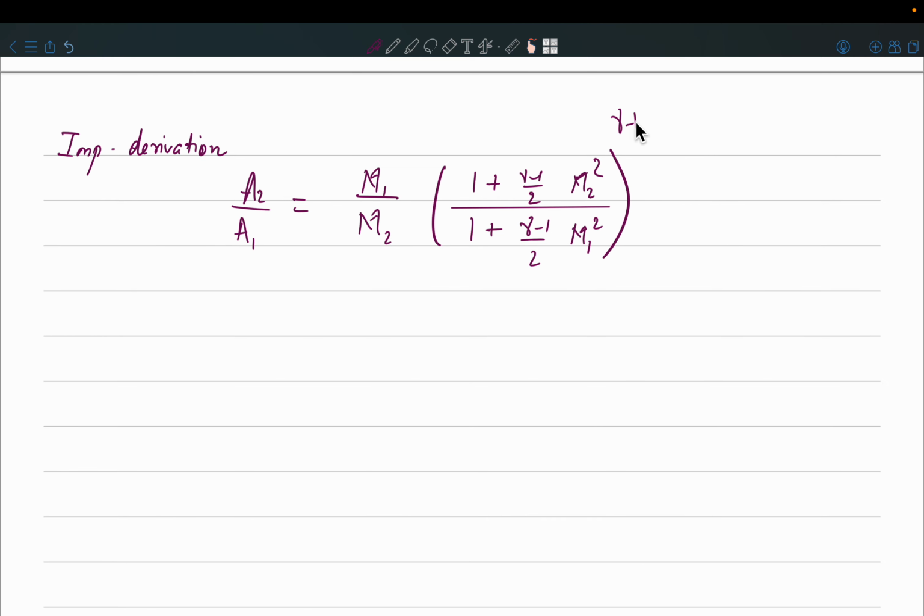Have you seen this equation? You've seen the area Mach relation, right? From the area Mach relation, I've just got this from there.